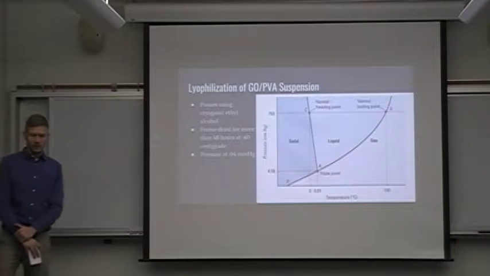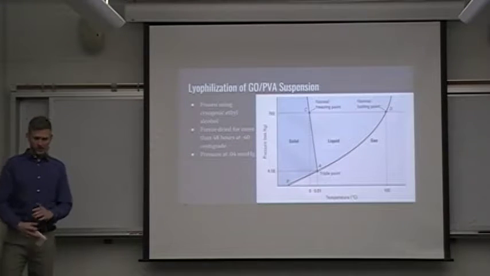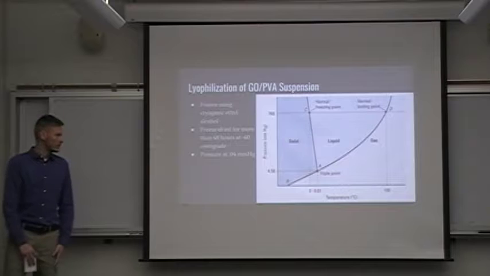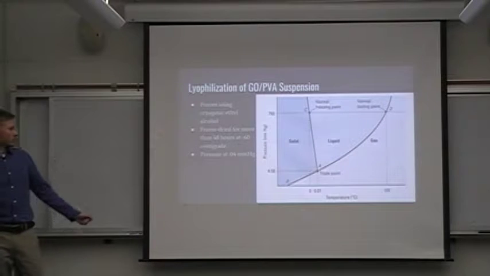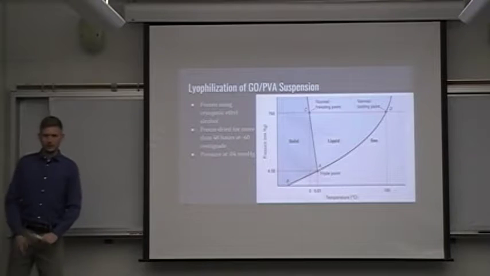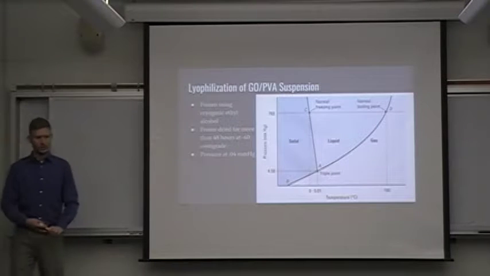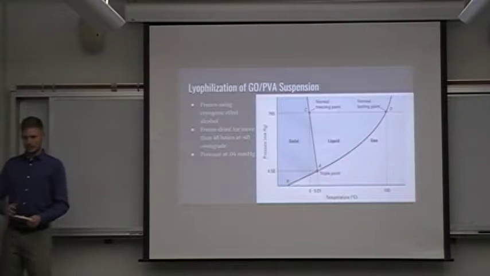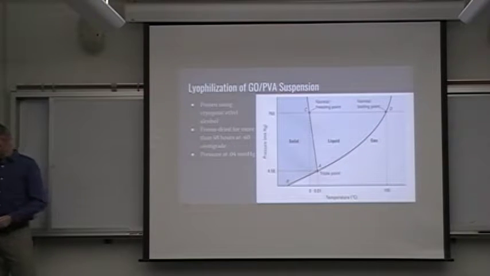And as it is pumping, and as the solid turns to gas, it keeps pumping, removing that gas. Otherwise, you would lose the vacuum, because gas takes up more space than the solid, and you would have issues with the water then not being removed directly from the suspension.